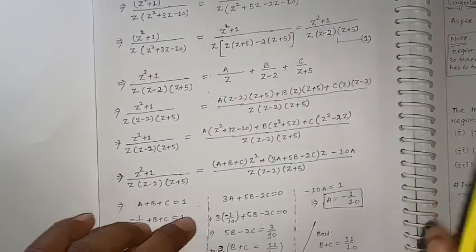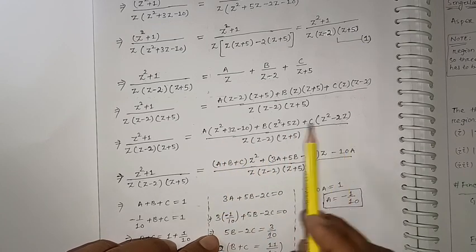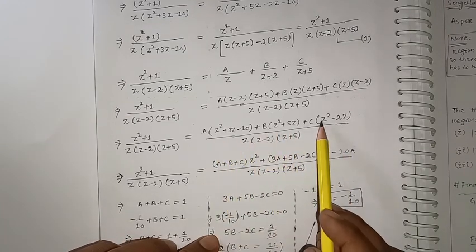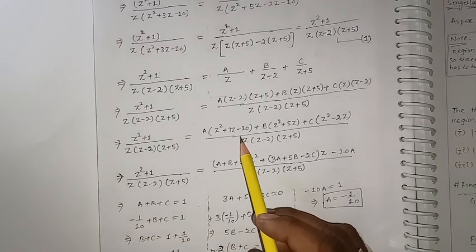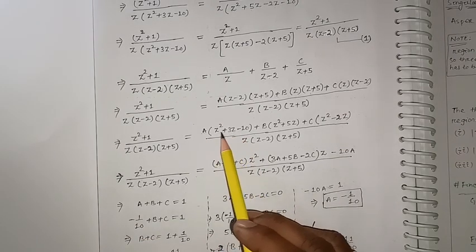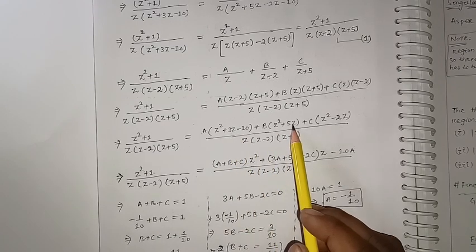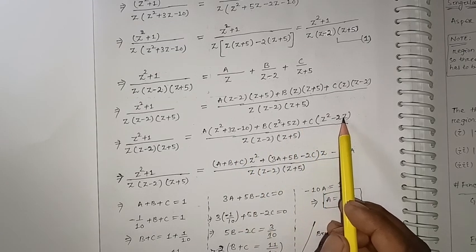So here you can see what the z² terms are: a plus b plus c, with z² taken common. Now search for the z term. Here you can see 3z, here 5z, here 2z.